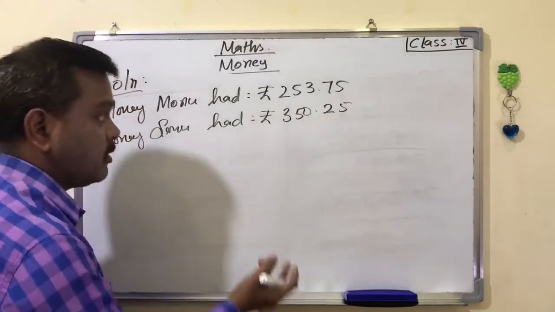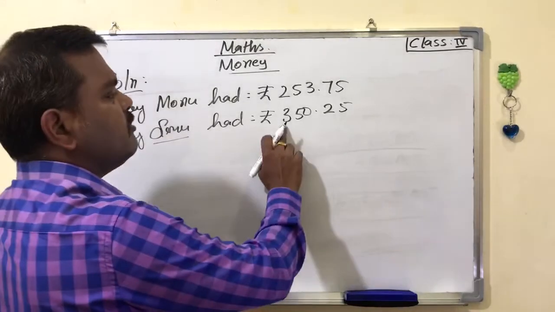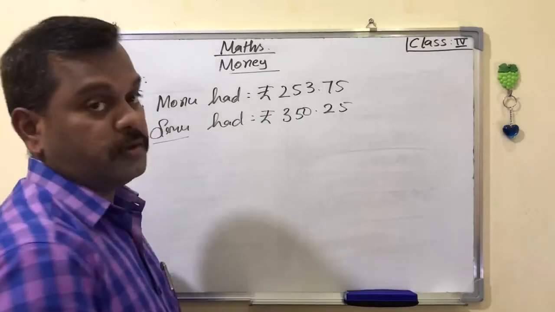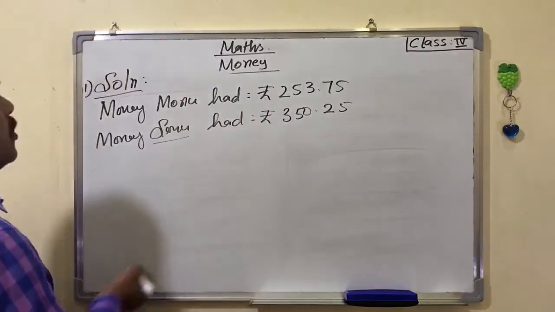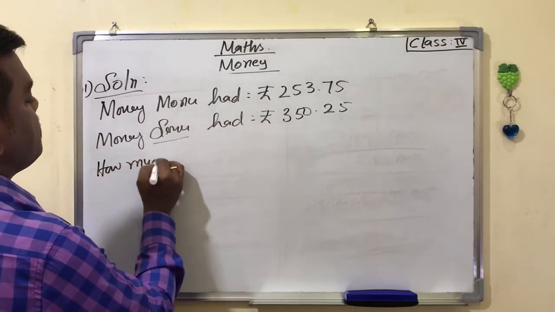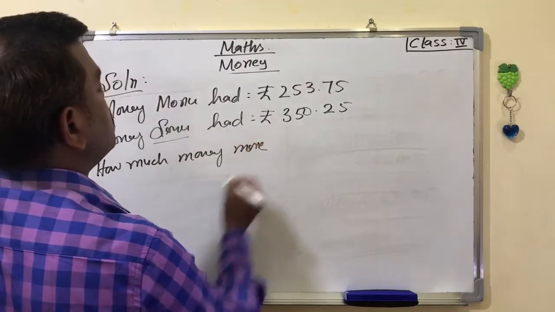Who has more money? Sonu. Sonu has more money, because he has 350. This is only 253. This is 350.25. So Sonu had more money. How much money more? How much money more Sonu had?